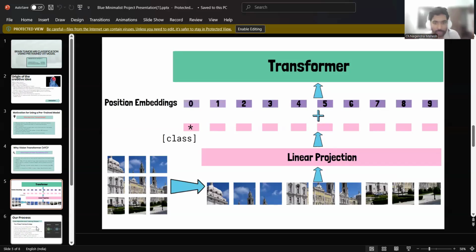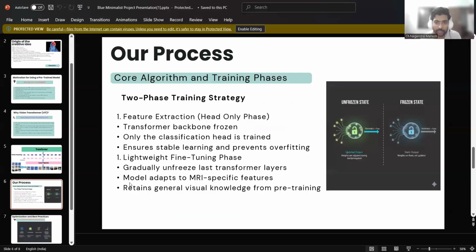So let me show you our training phase. It's a two-phase training strategy. In one phase, we will only train the head, the dense neural network. We will freeze the entire backbone, and only the head will be free to train.